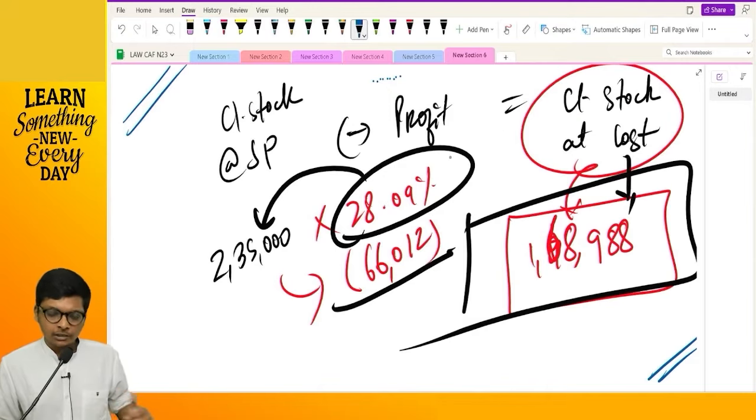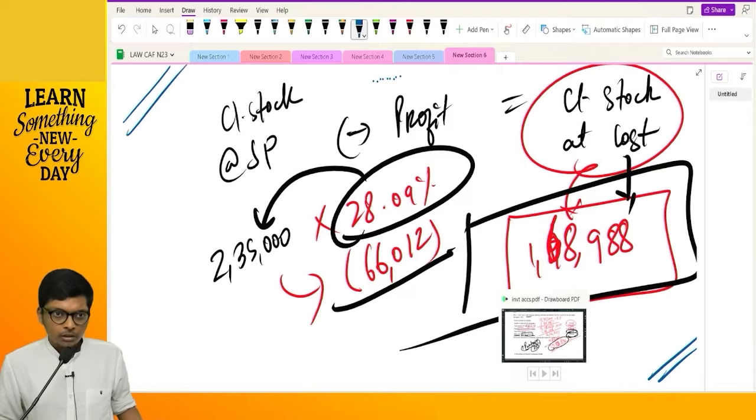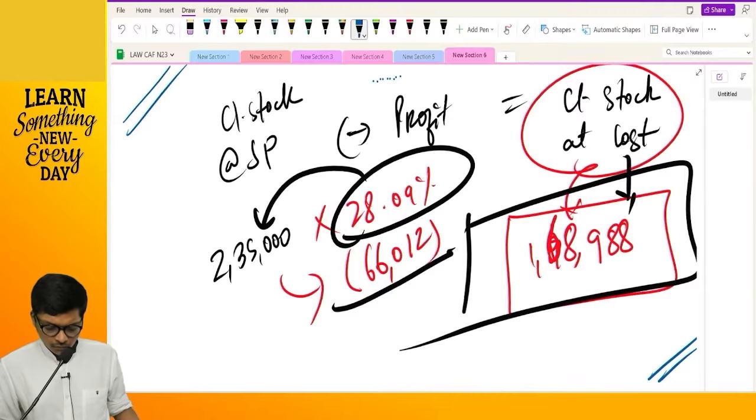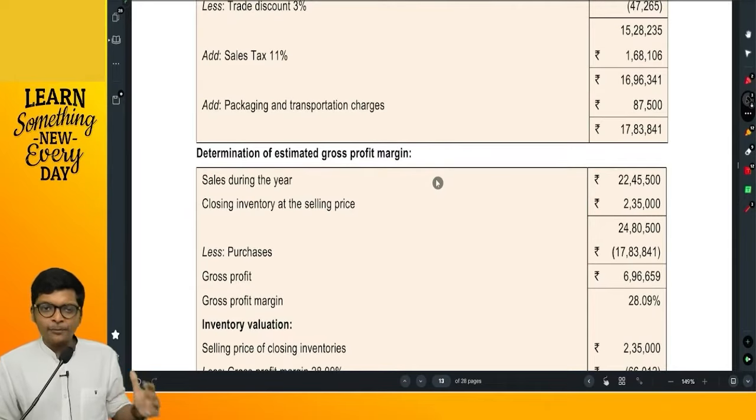Anybody has doubt in this? Okay. Can I proceed? Same solution in tabular format.